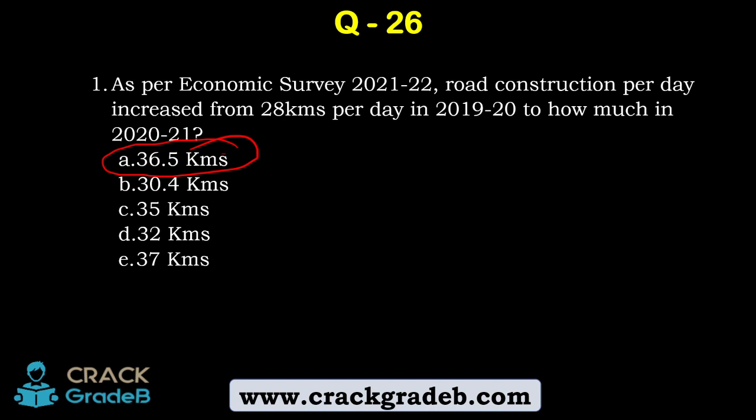Many days the railway did not run. There were no local trains, there were no express trains and superfast trains as well. So only oxygen express, some essential and goods trains were running. So railway also used that opportunity, and National Highway Authority of India has also used it, right? So it's 36.5 kilometers, sorry.